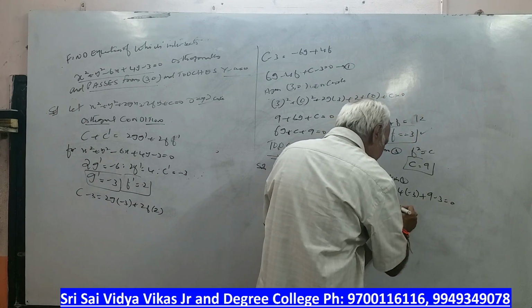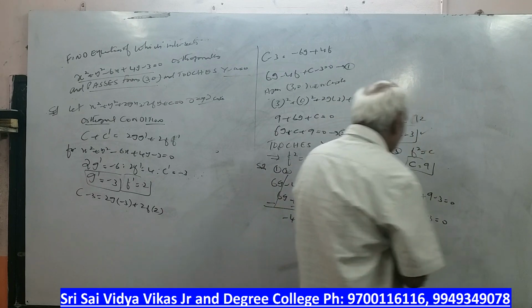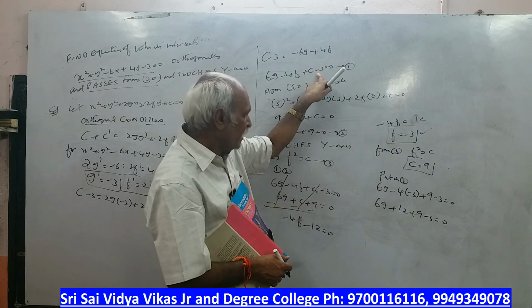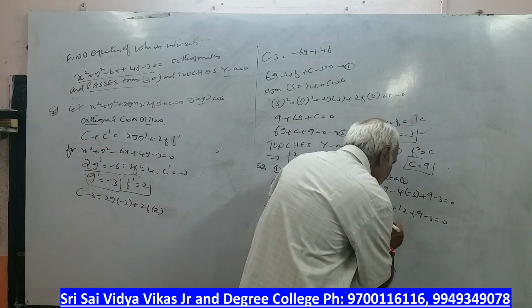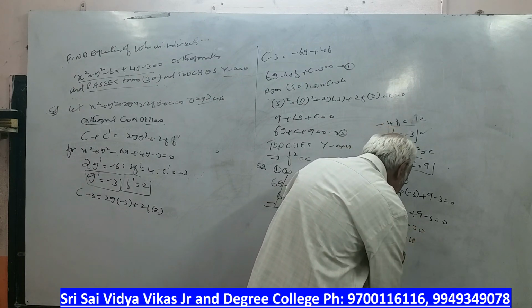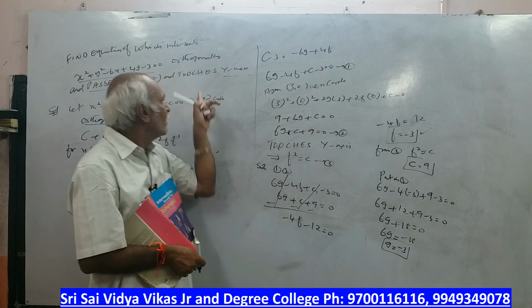Substituting f as minus 3 and c as 9, we get 6g plus 12 plus 9 minus 3 is equal to 0. So 6g plus 18 is equal to 0, 6g is equal to minus 18, and g value is minus 3.